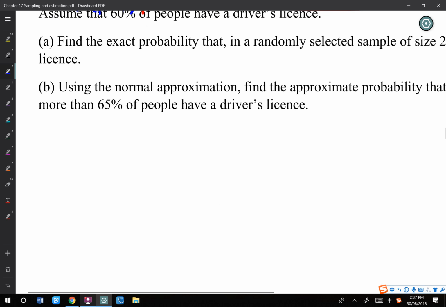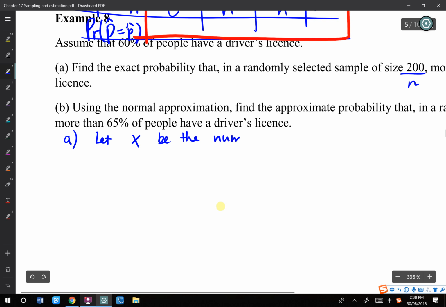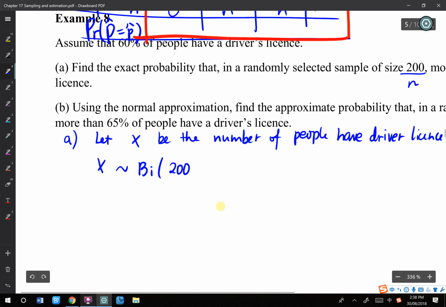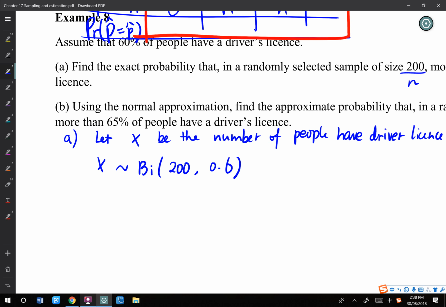So what I will say first is in A, let X be the number of people who have a driver license. X is a binomial distribution with 200 trials and 0.6 success rate, because we assume that 60% of people have a driver license, so the success rate is 0.6.